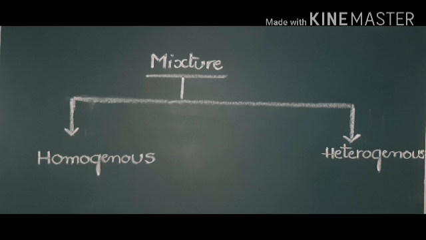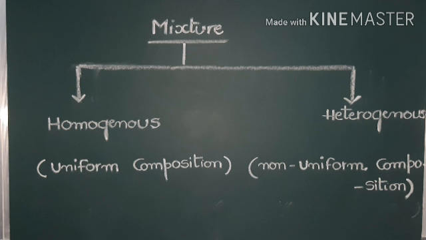And the mixture can be classified into two types. One is homogeneous mixture, the other one is heterogeneous mixture. In a homogeneous mixture, the components have uniform composition, whereas in a heterogeneous mixture, the components have non-uniform composition.